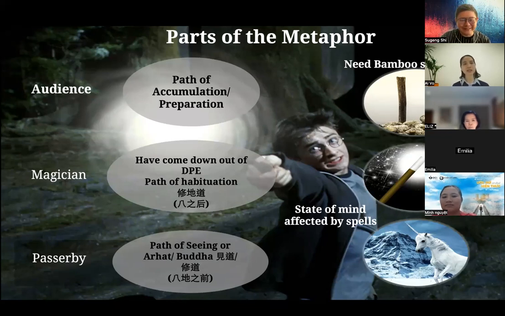The magician is like someone who has just come out of the perception of emptiness, direct perception of emptiness. So the audience is on path 1 and 2. The magician is someone who has just gone through the path of seeing, which is number 3, and now going into path number 4, which is the path of habituation.